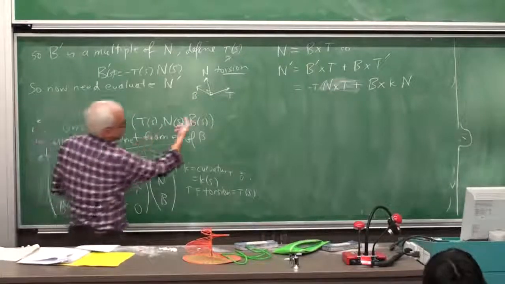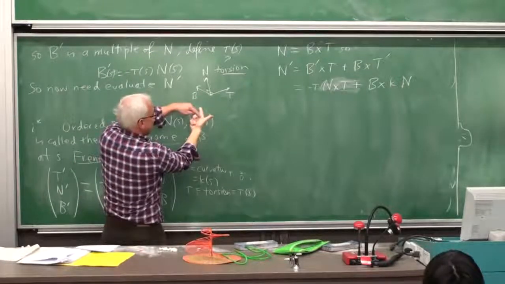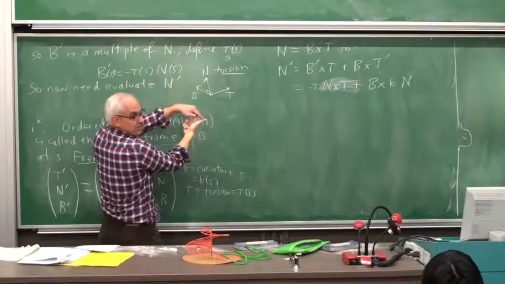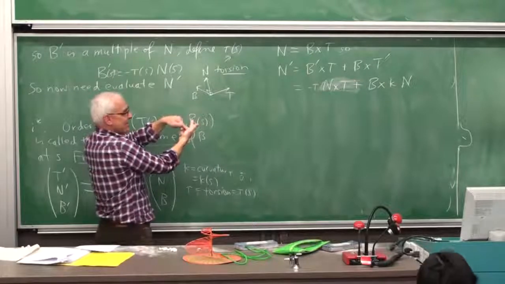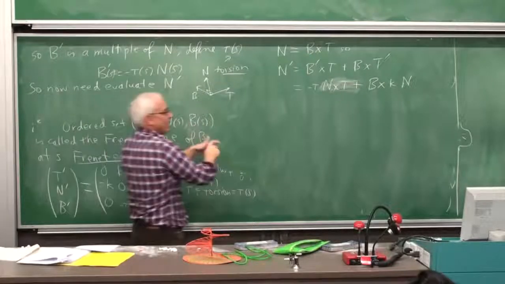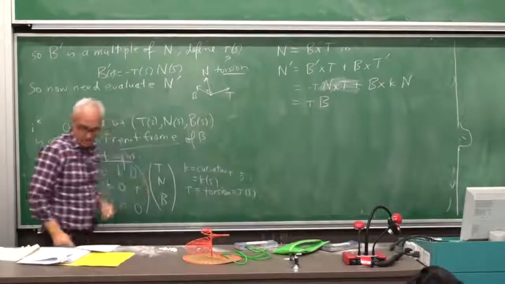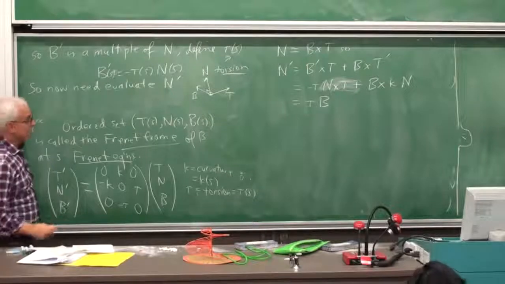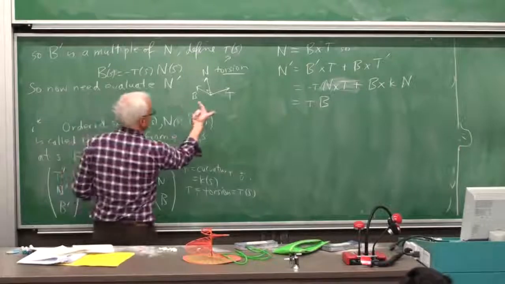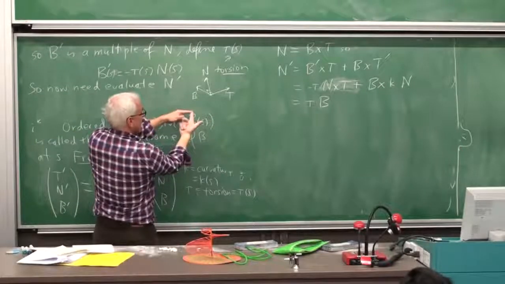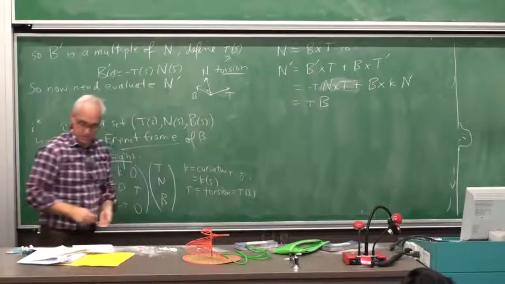Okay, now we still have to do these cross products. So again, the right-hand rule, T, N, and B. All right, now we're doing N times T. Well, T times N is B, so N times T will be minus B. Okay, so this is going to be a tau times B because the minus sign from this one will cancel with the minus sign from that one. And B times N, T, N, and B. So B times N will be minus T, I think.